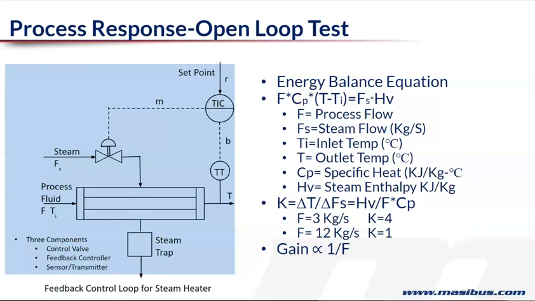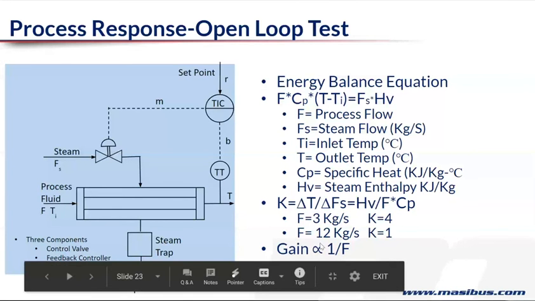Now we talked about an open loop response, and I told you why this steam heater is a non-linear process. Now, by way of this equation, I will explain how the gain of the process decreases with increase in flow. If you look at the gain of the process here, it is inversely proportional to the process fluid flow through the steam heater.